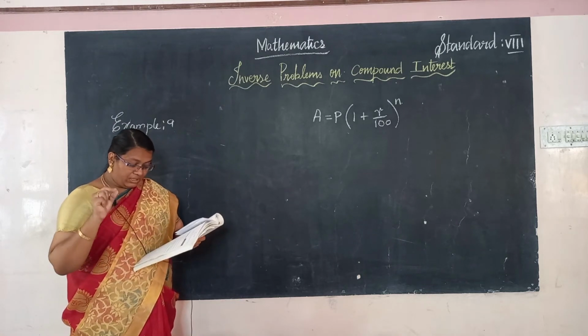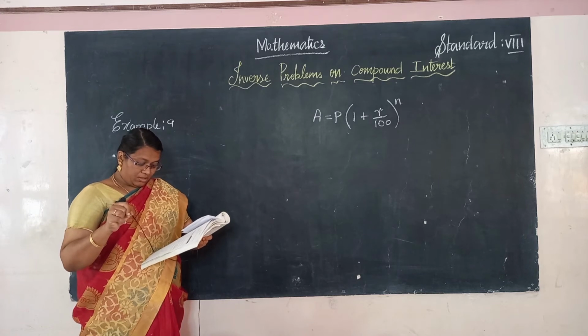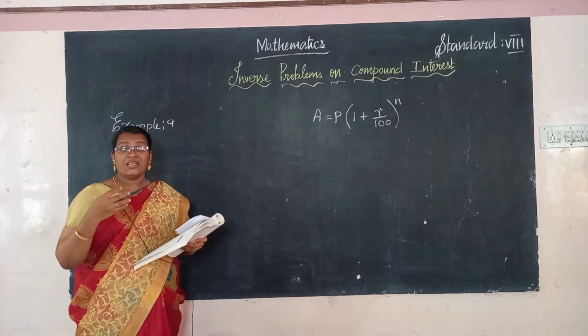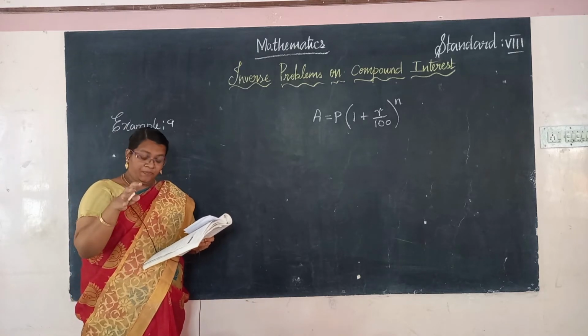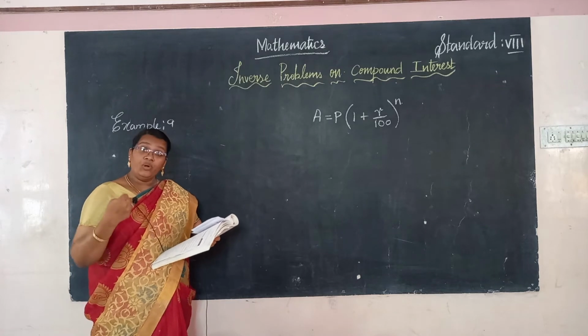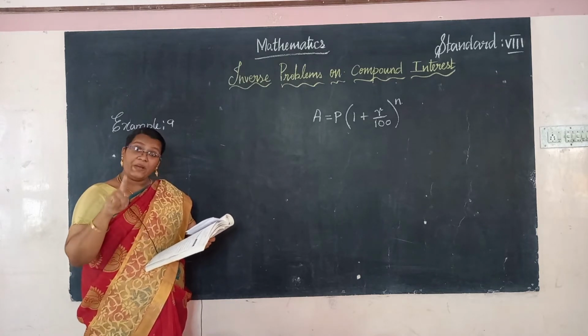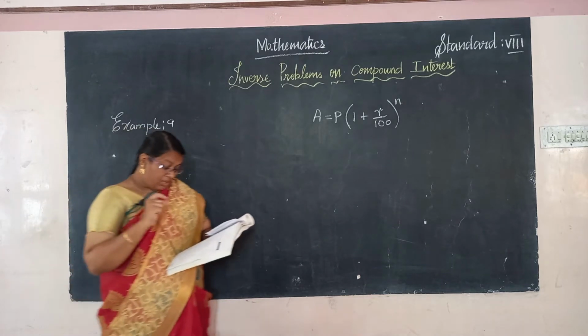What sum will become rupees 5,408? Here the amount we have received is rupees 5,408. Understood the question first?